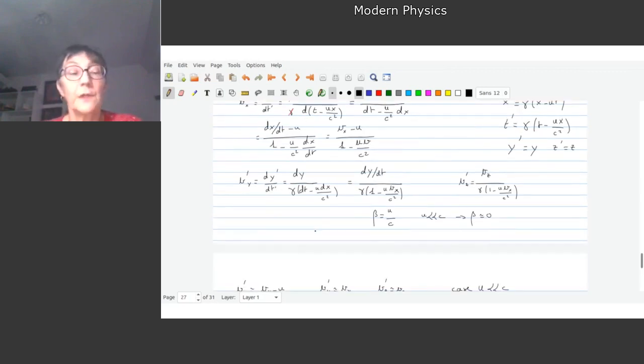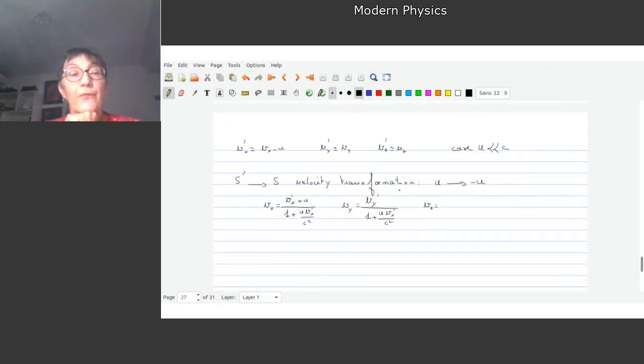So here you do the same thing: dy prime equal to dy, same thing, but dt prime you have to write this way. And so you have your transformation of velocities.